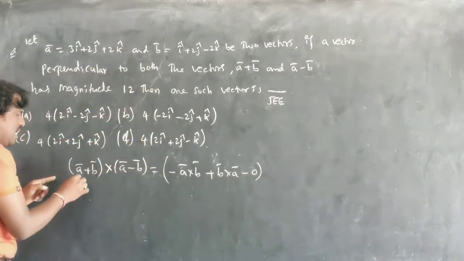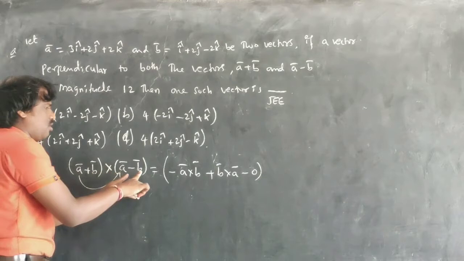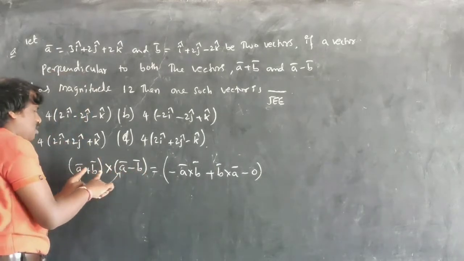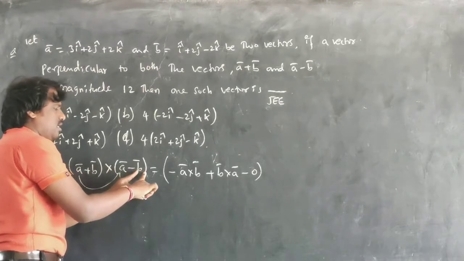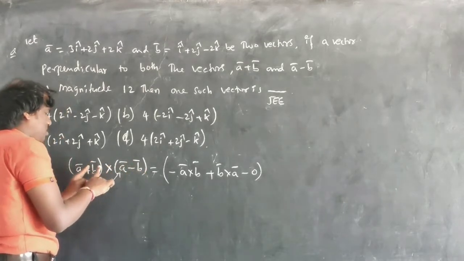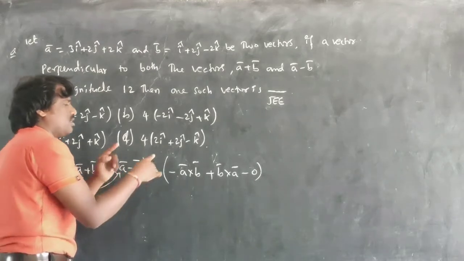I repeat: A cross A is 0, then A cross B with a minus sign, then plus B cross A, and minus B cross B is 0.